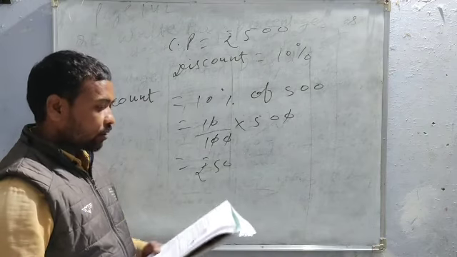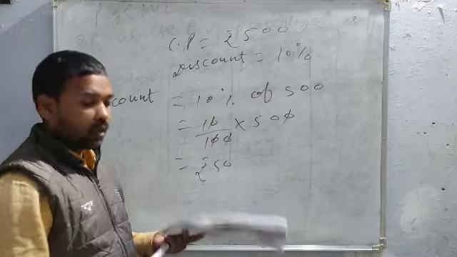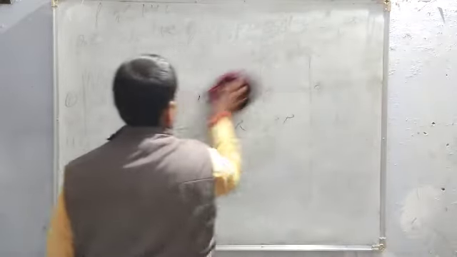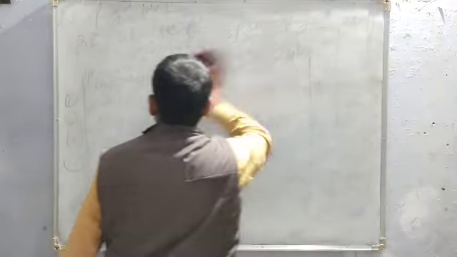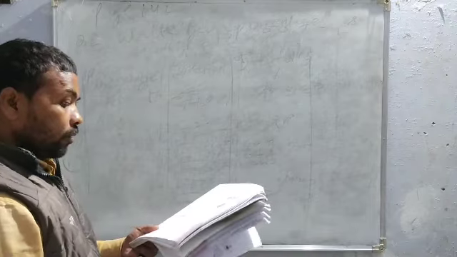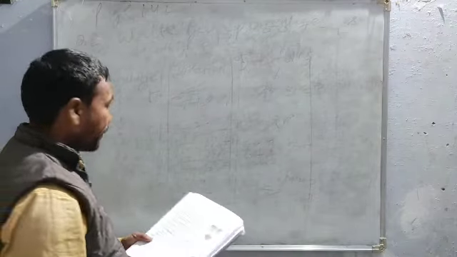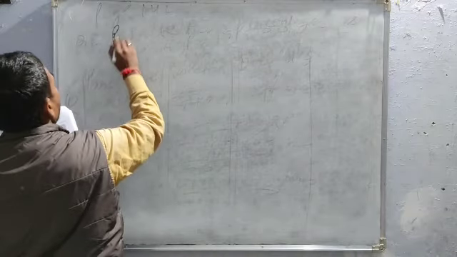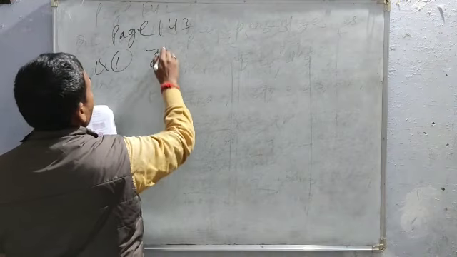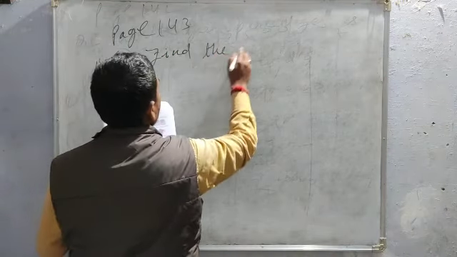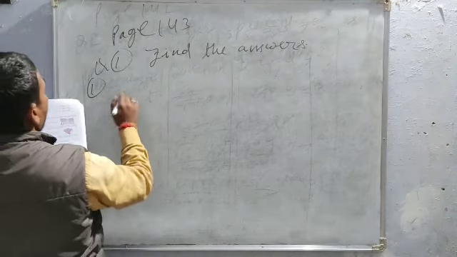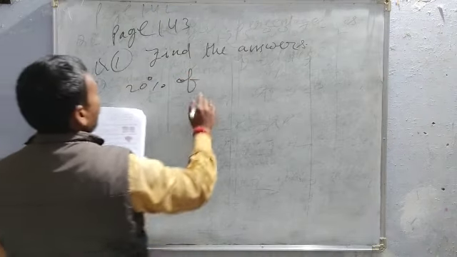Now come to the book; here some questions are given. Find the answers on page number 143, question number 1. The first one is 20% of 45.